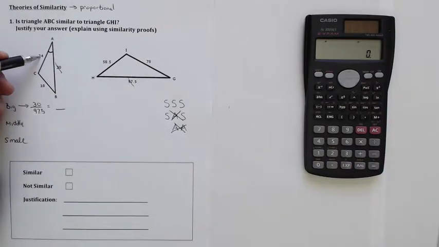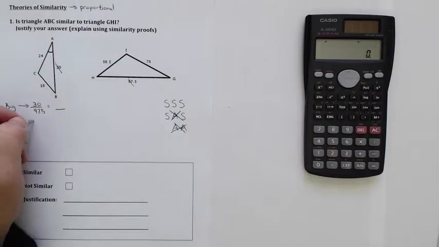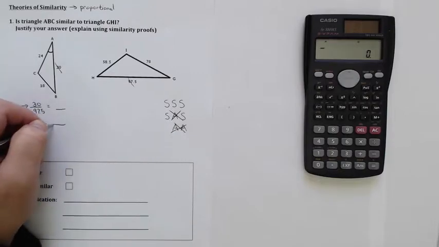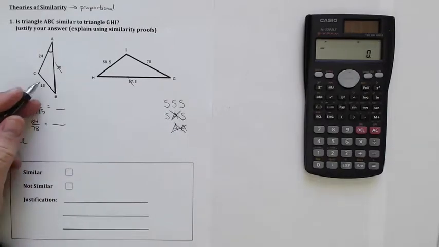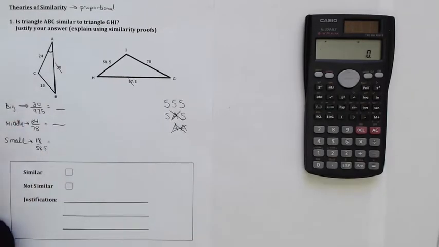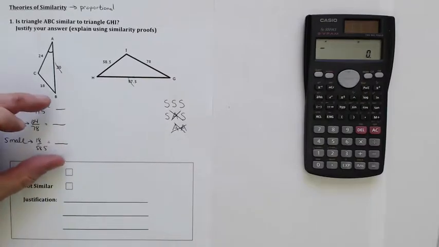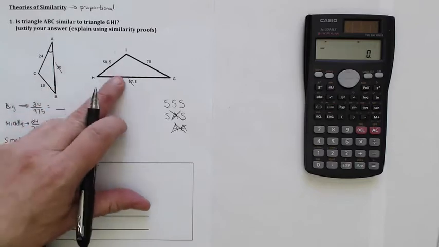The middle number here is a 24, and the middle number here is a 78. So 24 divided by 78. And then the small sides, 18 with the 58.5. And that's going to equal some number. Now, if all three of these numbers are the same, if they have the same scale factor, then we could say the triangles are similar.